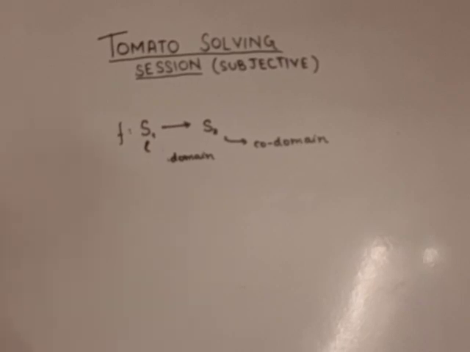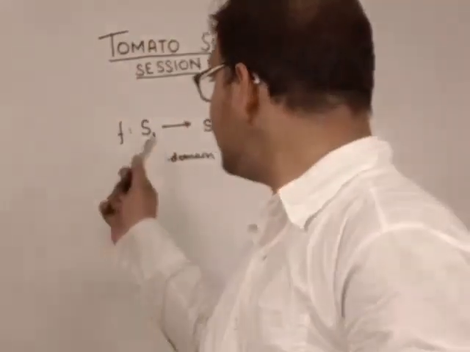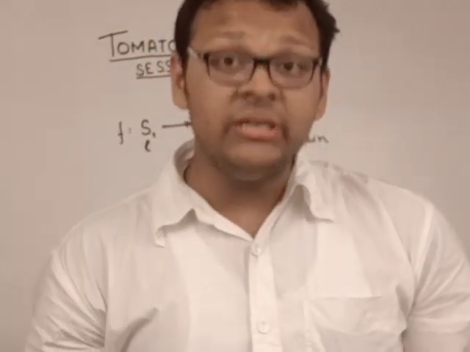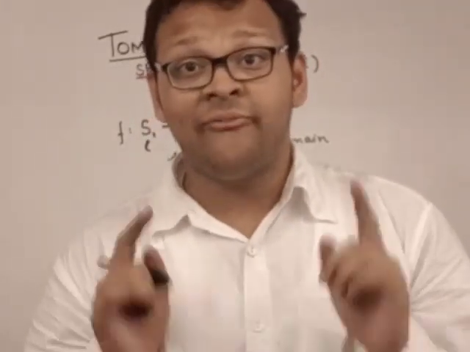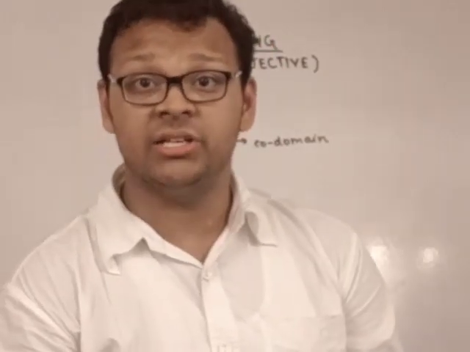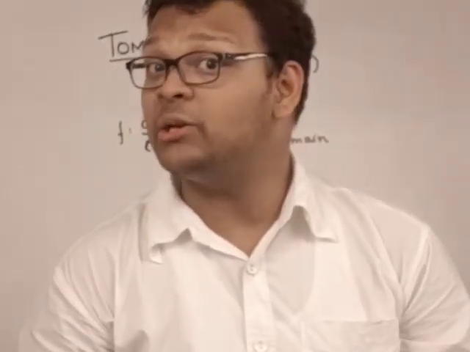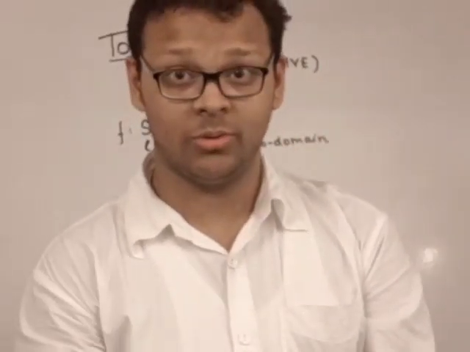Now set 1 contains some elements and set 2 contains some elements. Then what does this relation basically mean? This relation means that there is a mapping from set 1 to set 2 following the condition that one element in set 1 maps to not more than one element in set 2.